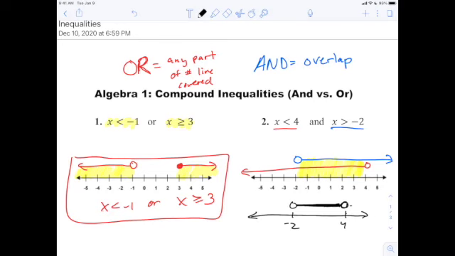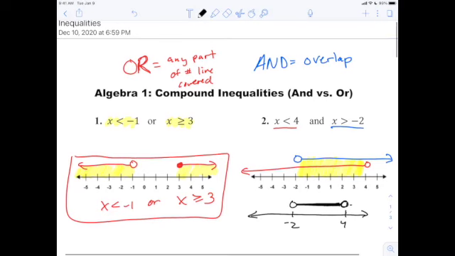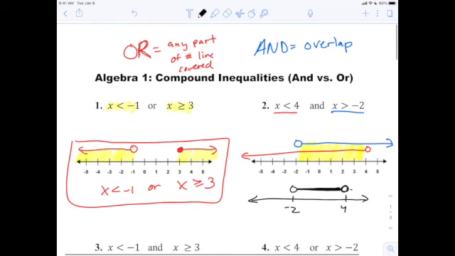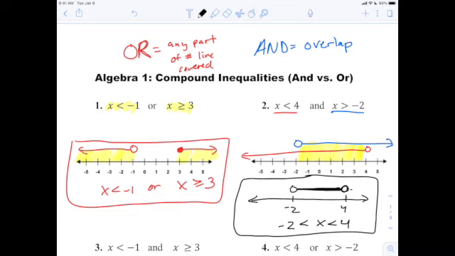So there's our final graph. Writing the solution would be writing it in that triple compound format: -2 is less than x, which is less than 4. In a final answer, you would never use the word and in your solution. You would use that format.